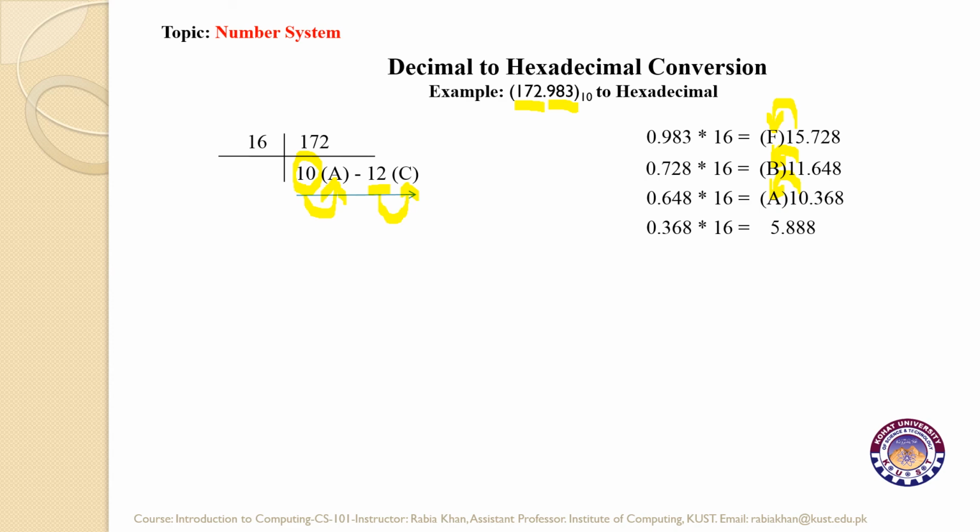So the fractional part 0.368 is again multiplied by 16 and the result is 5.888.